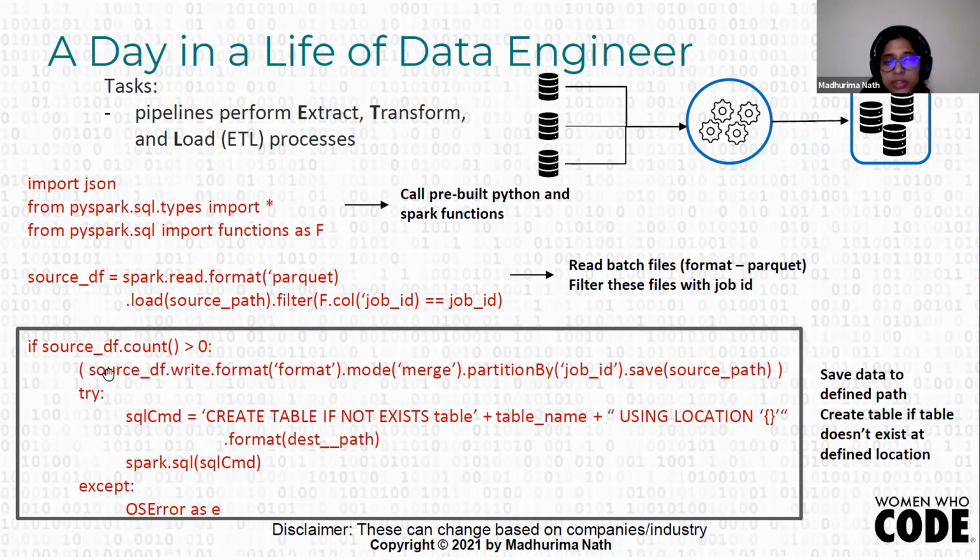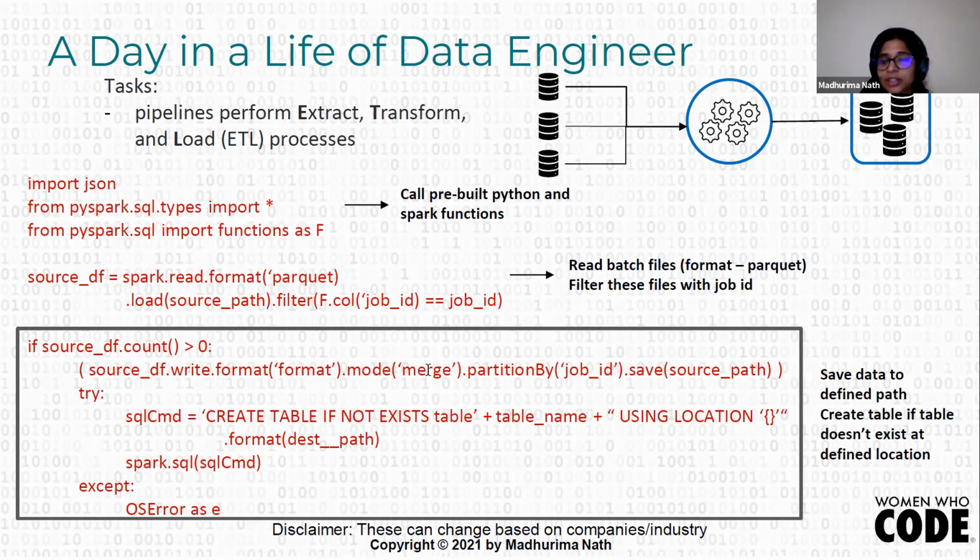And before that, I have already saved these in the format that I want. Let's say I want it in Parquet. It's a very similar structure to the write statement we discussed two, three slides back. So write.format, define the format, define the mode.